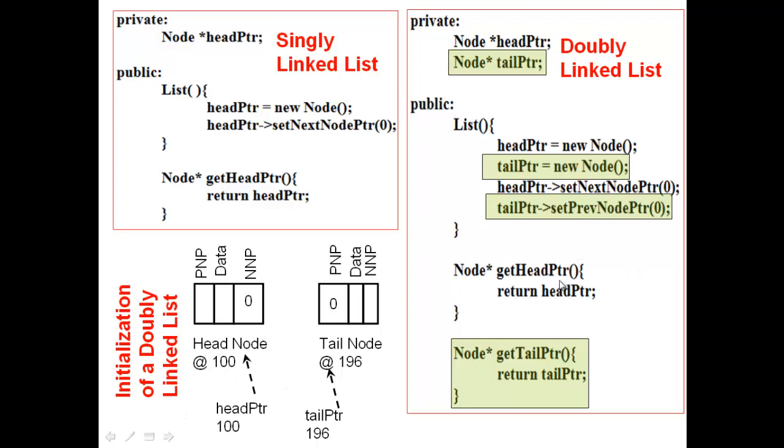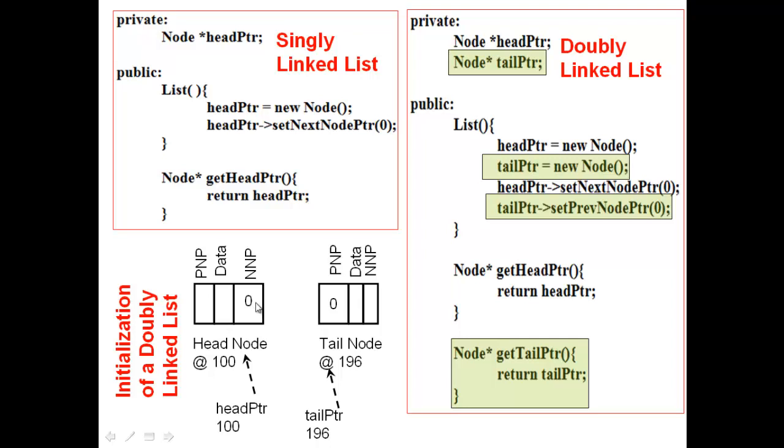You can have the get head pointer function and get tail pointer function to return the addresses of the two nodes. Now I did not include a function, but you can add a function called isEmpty as a member function to the list class. How do you check whether the double linked list is empty? You have two approaches.